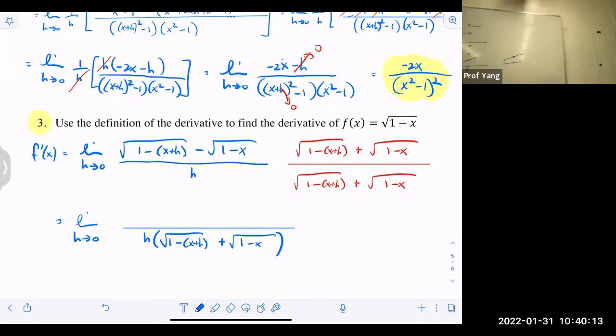So there were parentheses around this here, which would be this negative.